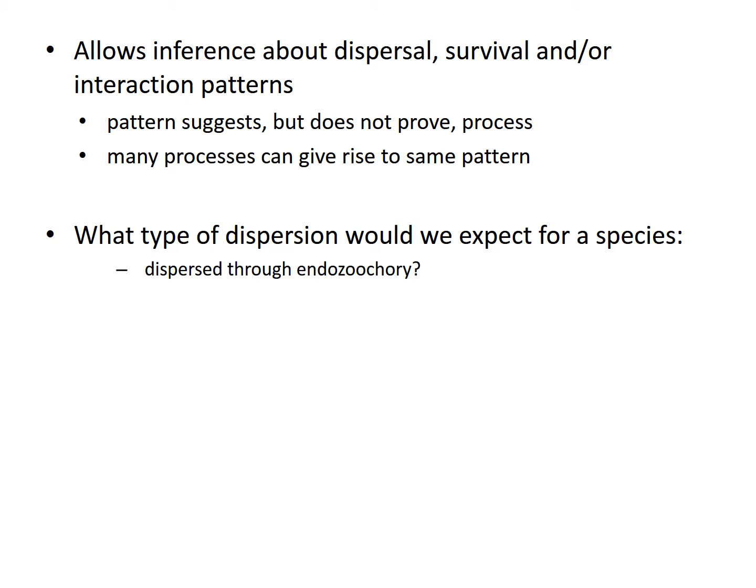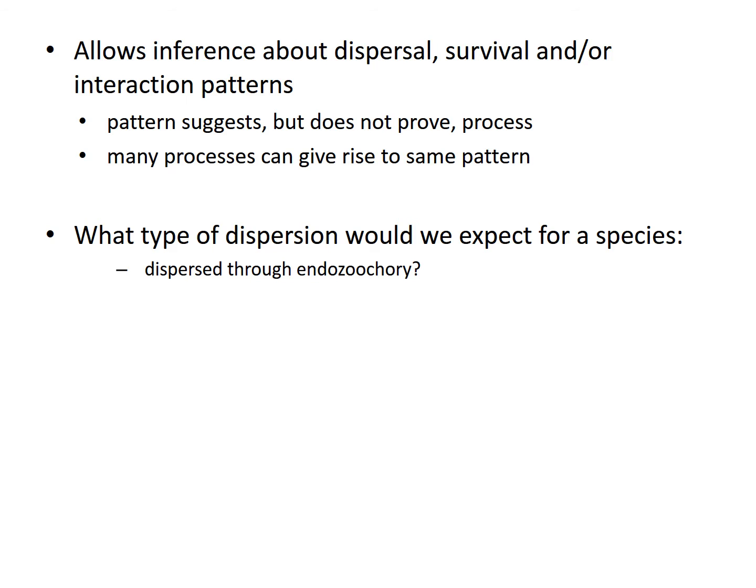Now, let's see if we can understand this by looking at 4 examples. So, what type of dispersion or local distribution would you expect for a species that is dispersed through endozoochory? Remember, endozoochory is when animals transport seeds internally.